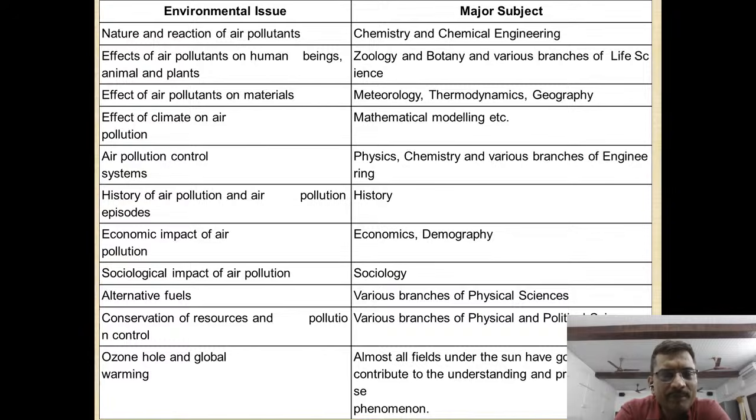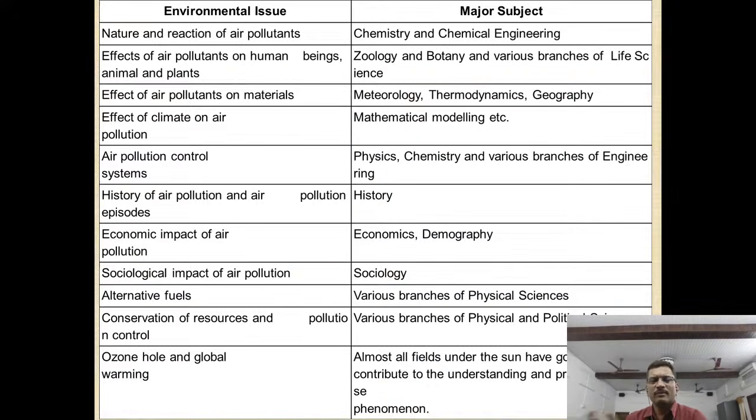Economic impact of air pollution, for example in Delhi, every winter season, due to intense air pollution, the factories are shut down, the commercial activities are shut down. So this is having a direct economic impact of air pollution on the economy.